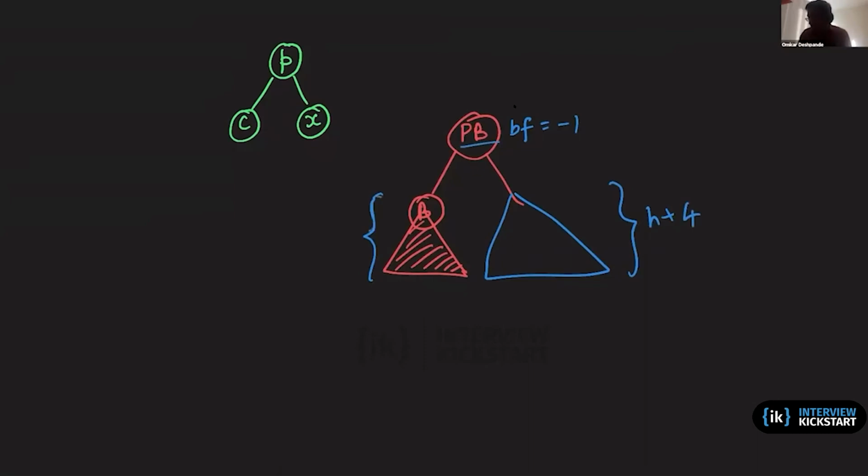And when this tree became shallower and the height changed from h plus 3 to h plus 2, suddenly the balance factor here becomes -2. Okay.